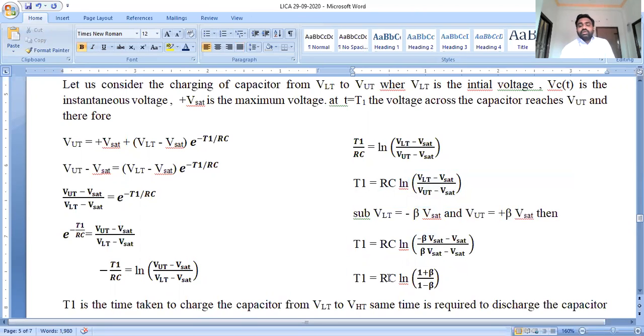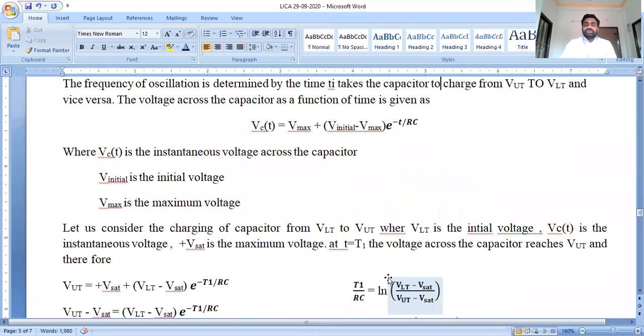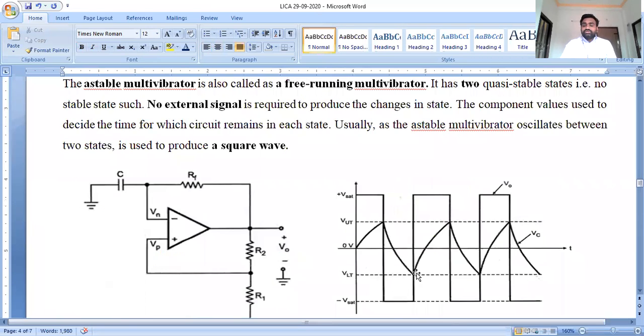T1 is the time required from the lower threshold value to the upper threshold value when the capacitor is charged. The capacitor discharges from the upper threshold voltage to the lower threshold voltage. And again, if we calculate the other T1, that will be the time required from the lower threshold value to the upper threshold value where the capacitor charged.